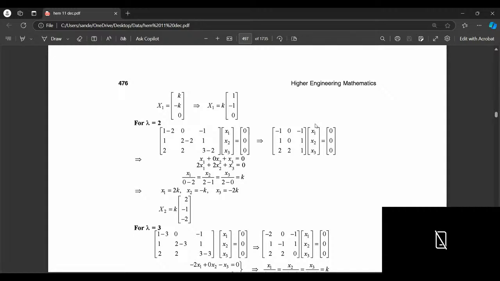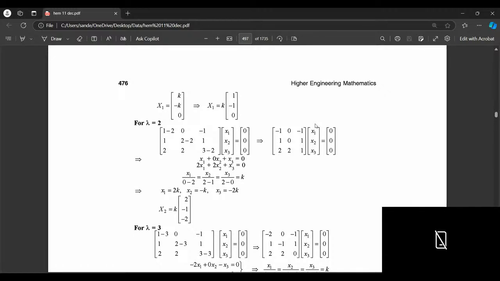So the second eigenvector is 2, minus 1, minus 2, or you can write minus 2, 1, 2. You may write either, no problem. x2 is minus 2, 1, 2.